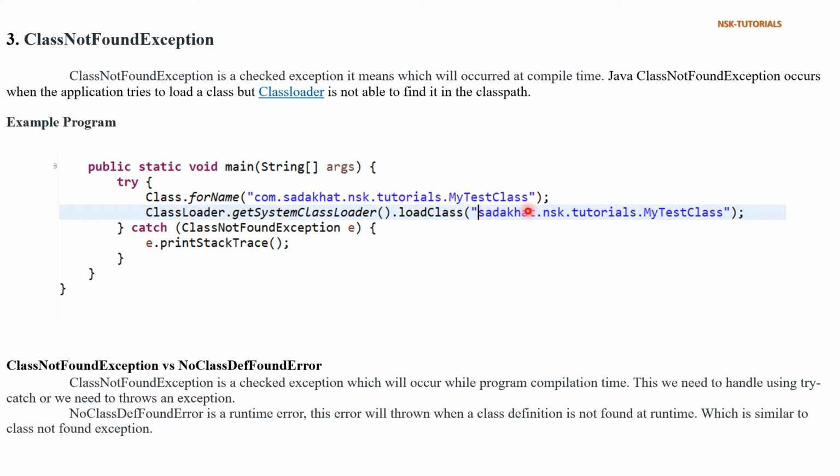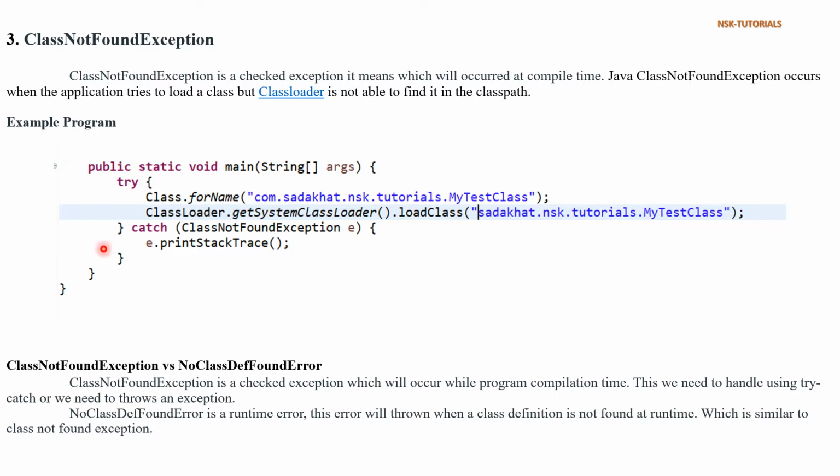Class not found exception. Class not found exception is checked exception. Checked exception means which will occur at compile time. When class not found exception occurred, when we are trying to access the class which is not exist in the package or in the application, that time we'll get the class not found exception.